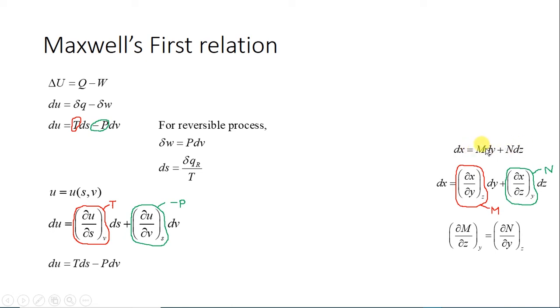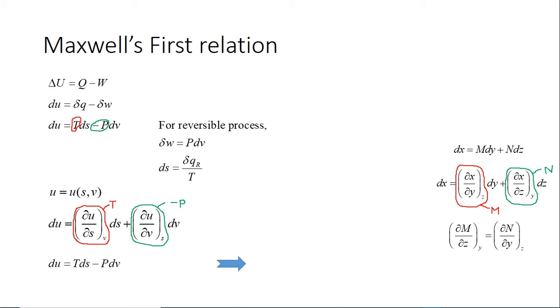So understand this equation, what we did was ∂M/∂z when y is constant is equal to ∂N/∂y when z is constant. Similarly, you can apply the same fundamentals over here for this equation. Why? Because here you can see it is similar. This part we have taken M and this part we have taken N. Similarly, here we are taking this part as T and here we are taking this part as minus P.